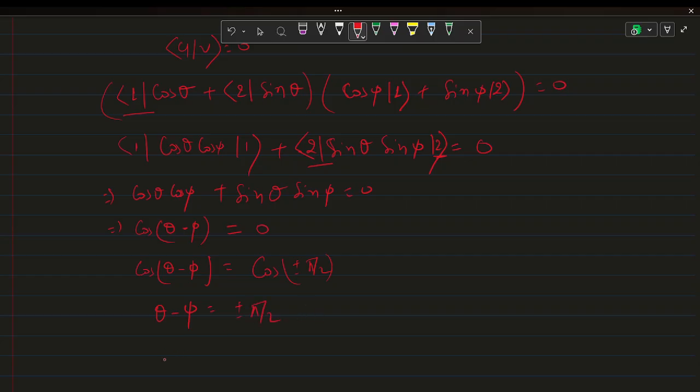Just take the first term, with φ equal to π/3: θ − π/3 is equal to plus π/2, and θ − π/3 is equal to minus π/2.